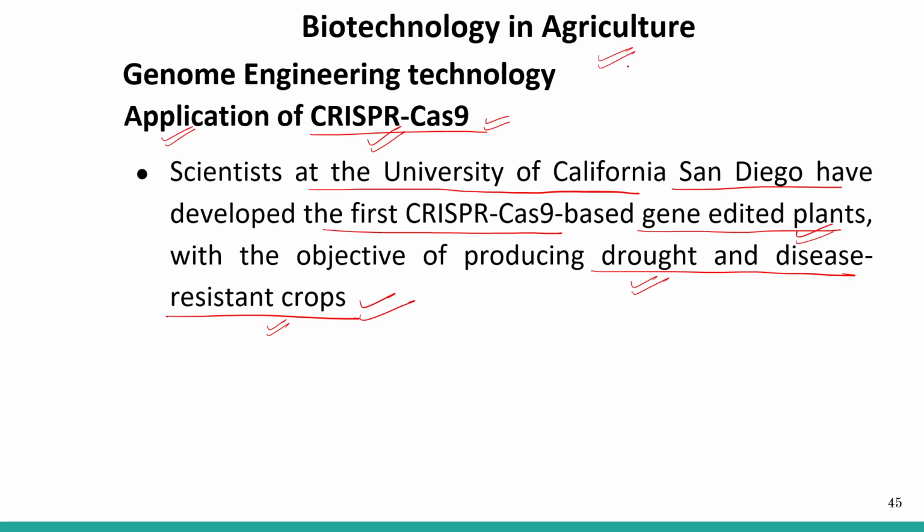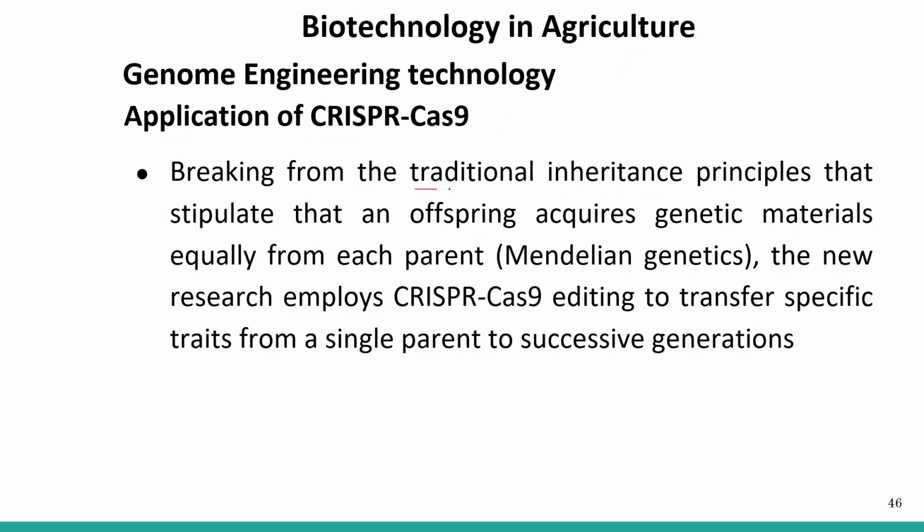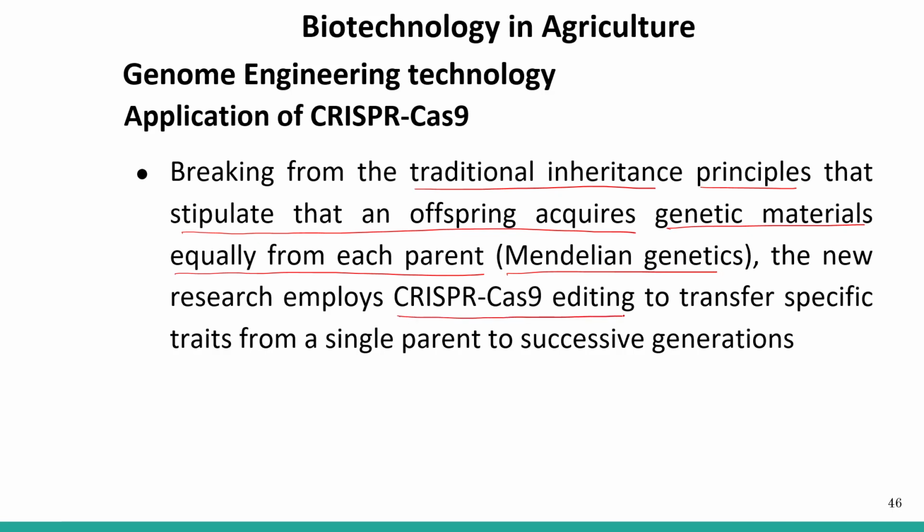This technology was used in agriculture. Breaking from the traditional inheritance principle that stipulates that offspring acquire genetic material equally from each parent, that is called Mendelian genetics, the new research employs CRISPR-Cas9 editing to transfer a specific trait from a single parent to the successive generation.